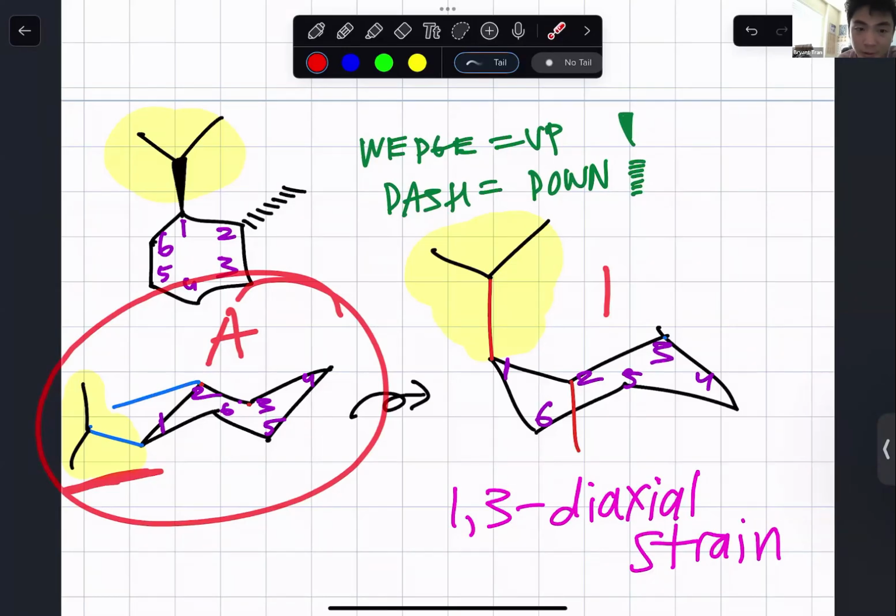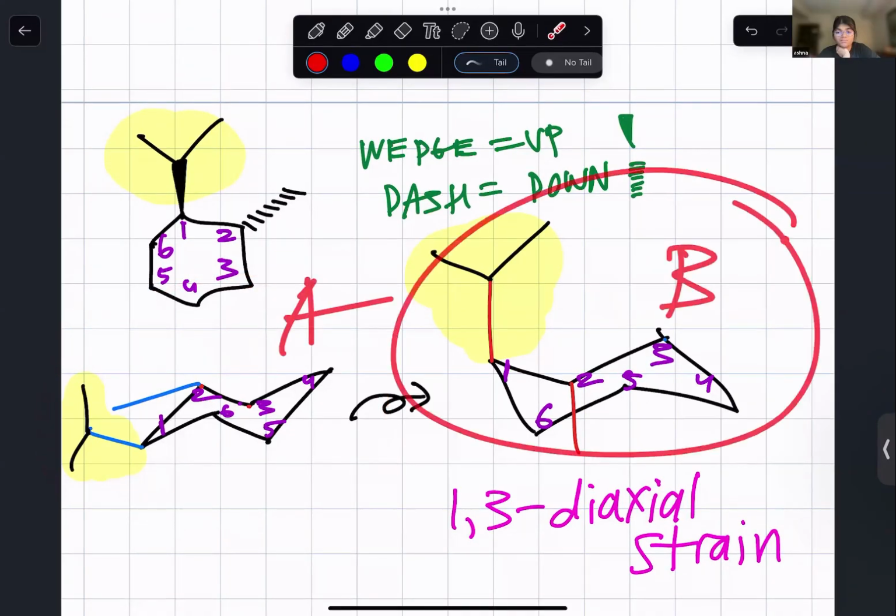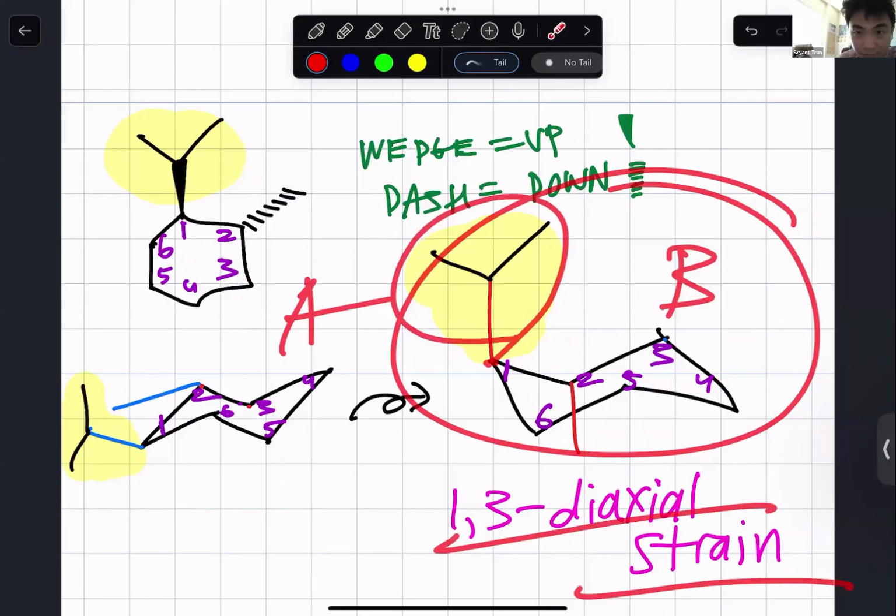The more stable molecule would have the bulkiest group on the equatorial position. That's the quick way to get the answer. Which one would have the higher energy, A or B? B, right, because B is less stable, meaning that it's going to have higher energy, and that's because the bulkiest group is on the axial position, causing 1,3-diaxial strain.